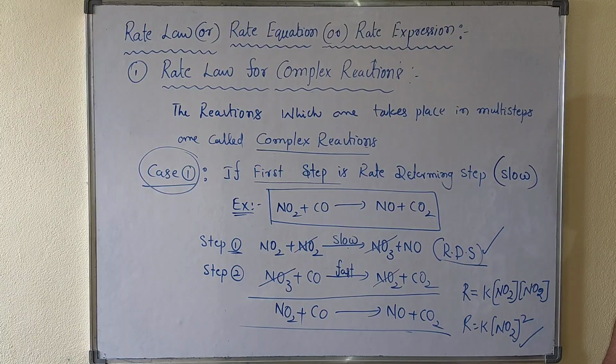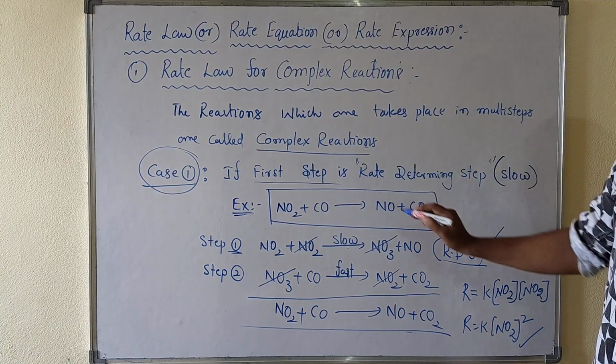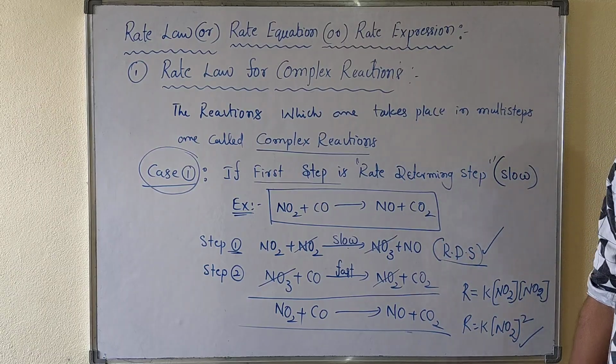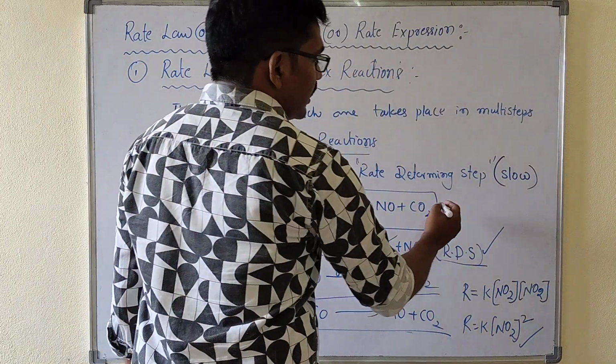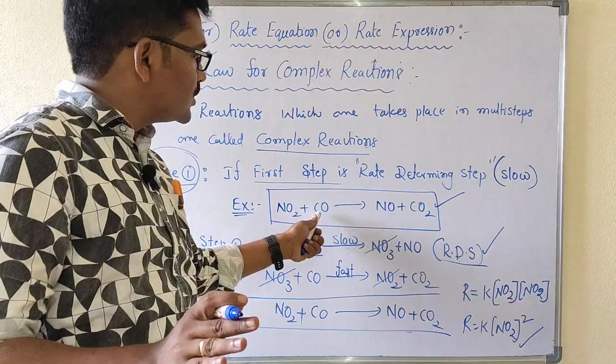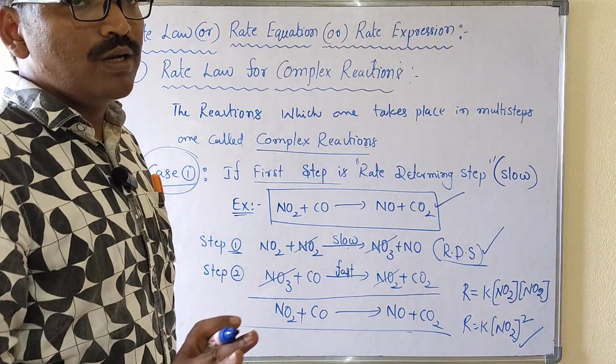అంటే ఫస్ట్ స్టెప్ కనుక రేట్ డిటర్మైనింగ్ స్టెప్ ఉంటే దెన్ ఆ స్టెప్ని తీసుకొని రేట్ ఆఫ్ రియాక్షన్ని ఎక్స్ప్రెస్ చేయొచ్చు. కానీ డైరెక్ట్గా కాంప్లెక్స్ రియాక్షన్ని తీసుకొని రేట్ లాని ఎక్స్ప్రెస్ చేయడం కుదరదు.